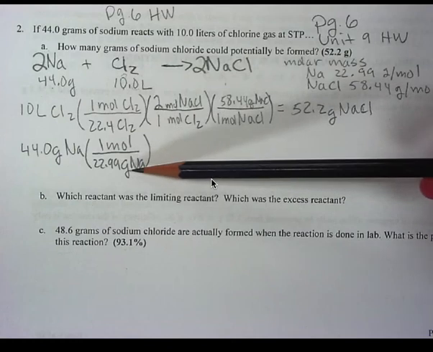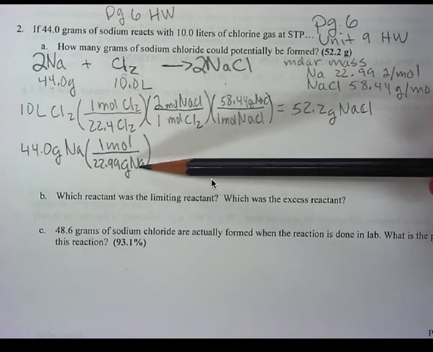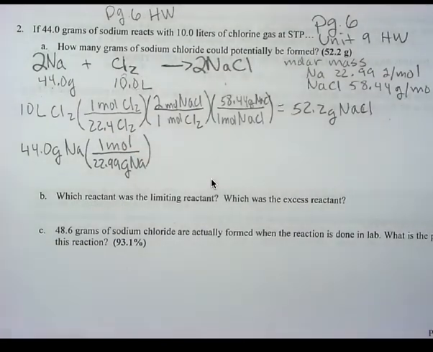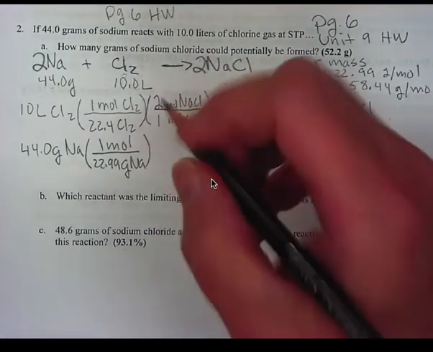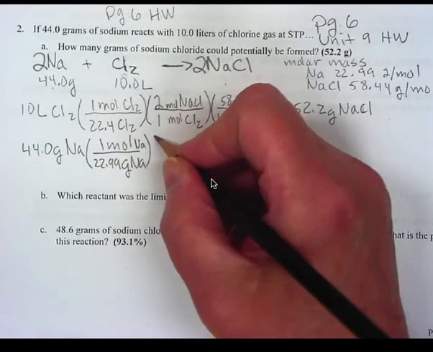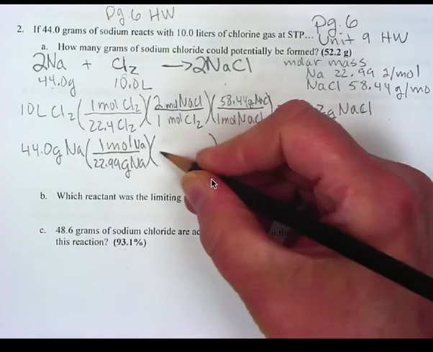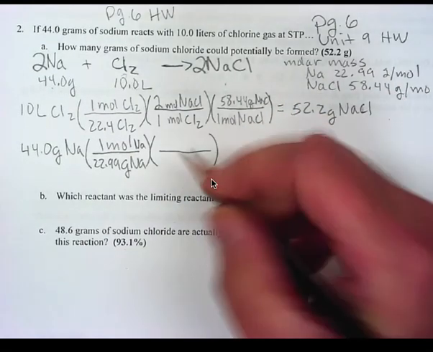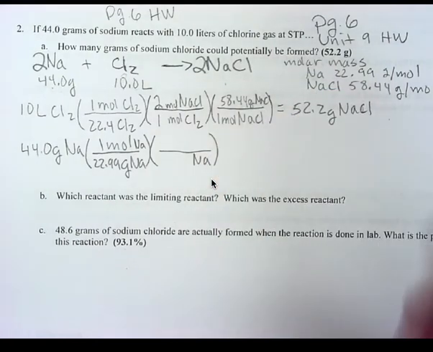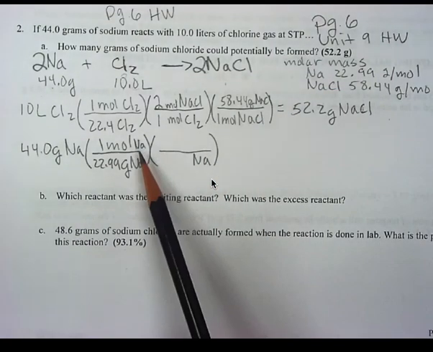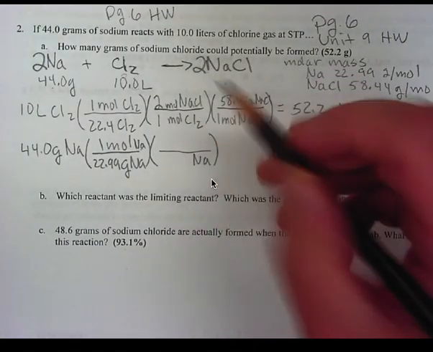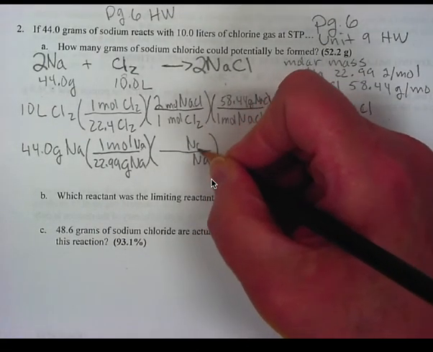So I'm using the molar mass of sodium in the denominator, and that way I'm changing from grams of sodium to moles of sodium. Then in my next step, I'm doing my mole ratio. Sodium is the substance that I've been given information about, so that goes in the denominator, right? Whatever's up here goes here. And again, I'm interested in finding out about sodium chloride.